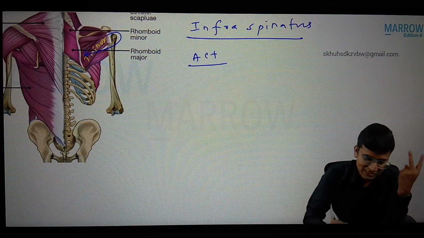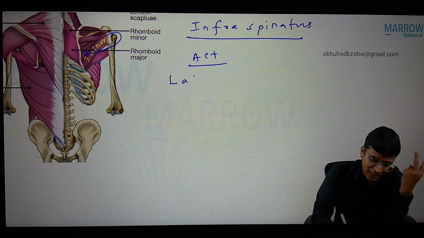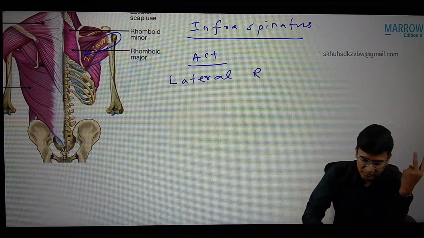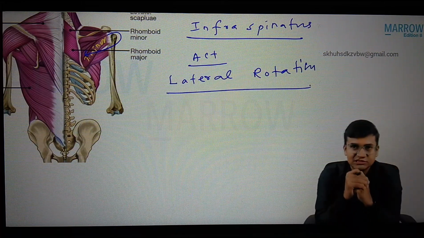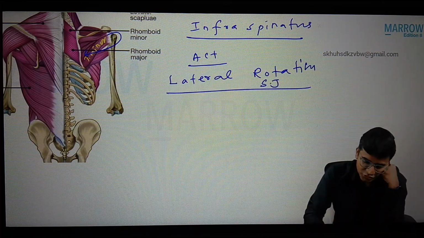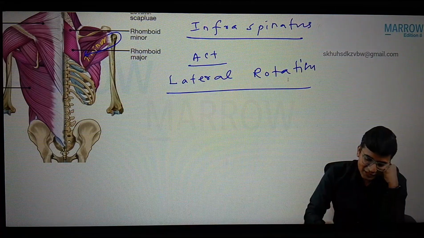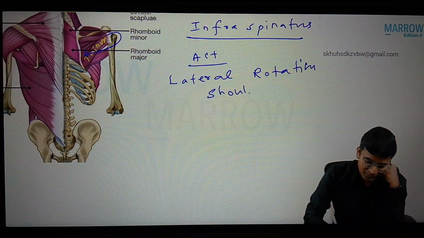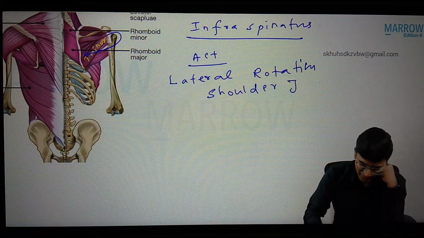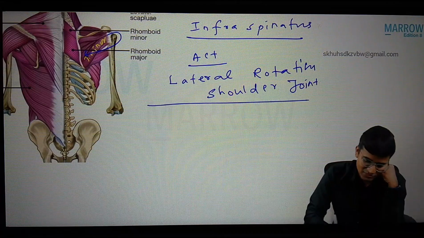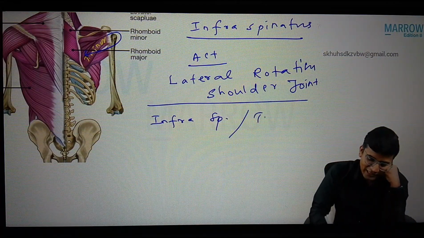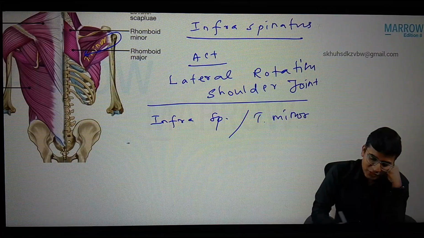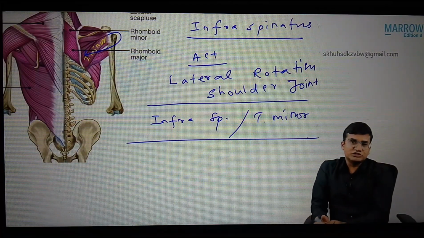So we have two muscles for this movement, lateral rotation. Lateral rotation of the shoulder joint is done by two muscles: one is our infraspinatus muscle and the other is teres minor.